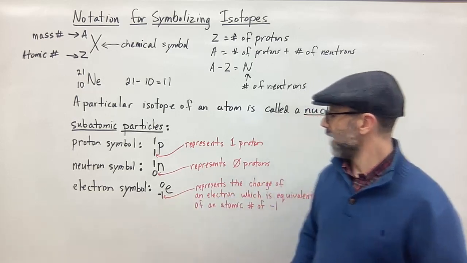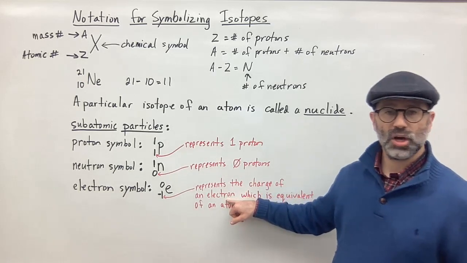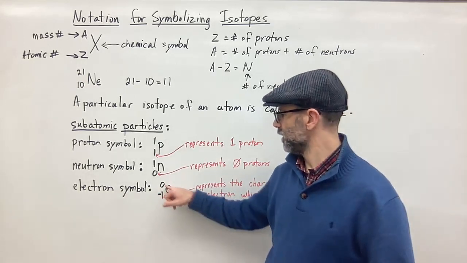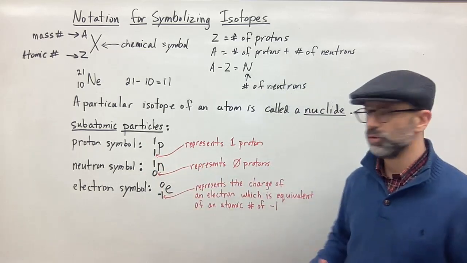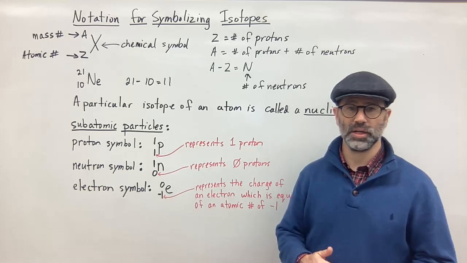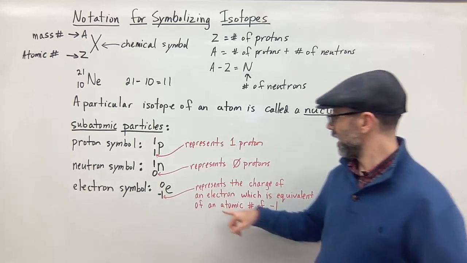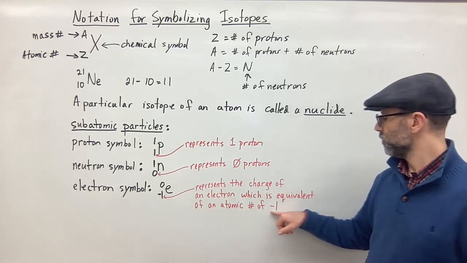Now this number down here, -1, that represents the charge of the electron. So this number here is a little bit different than what we mean by the number here. If we remember that the electron is a -1, well, that would be like having an atomic number of -1 as well.